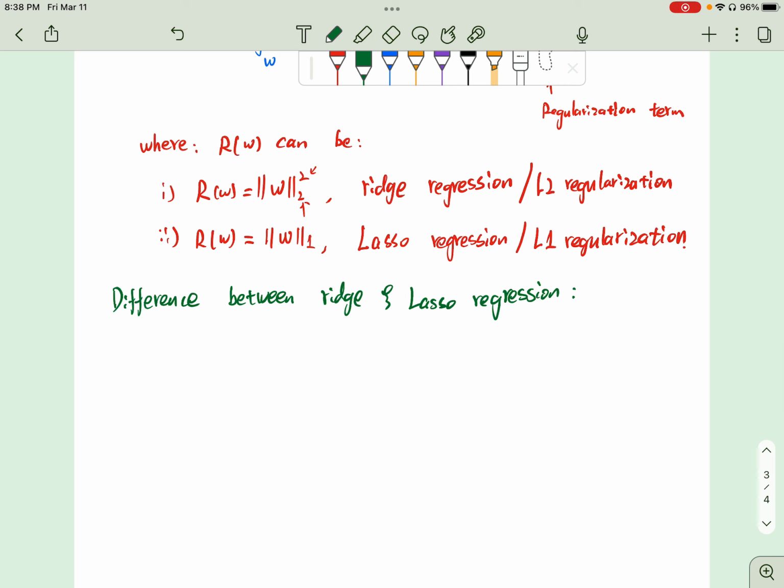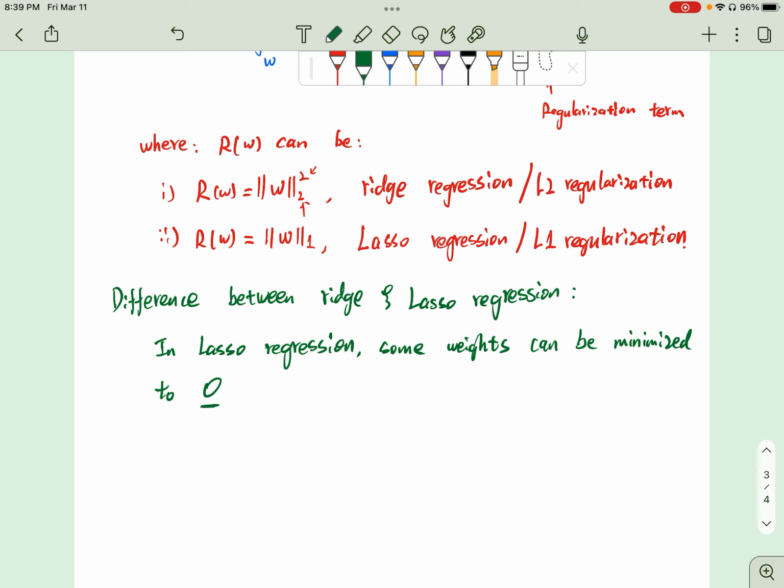in lasso regression, some weights, that means some omega, can be minimized to 0.